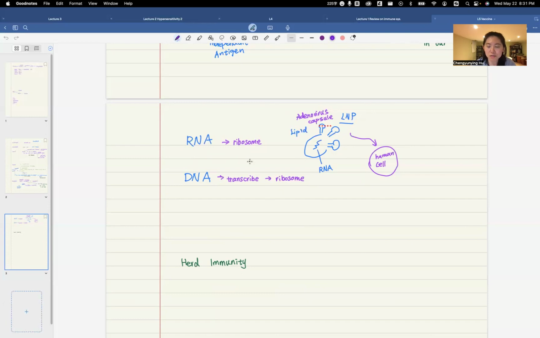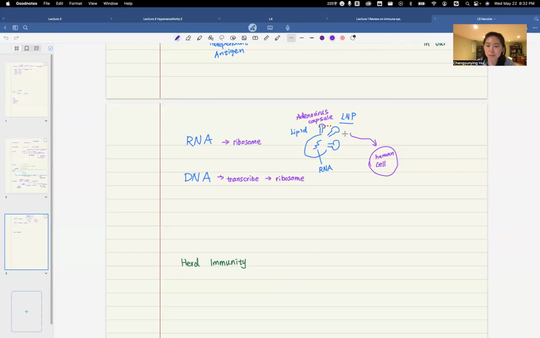How does the pathway goes? Let's say we use a RNA, viral RNA as a vaccine. We inject this RNA into the cell, into our body, and then it uses our human cell to produce viral protein, just like HIV.